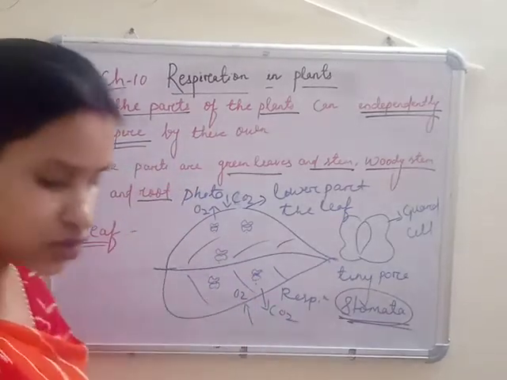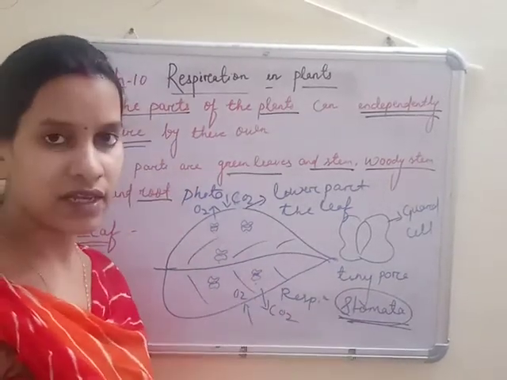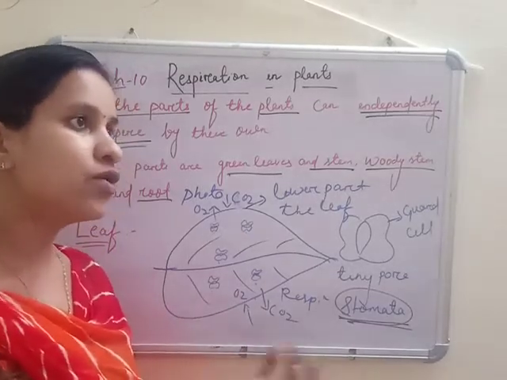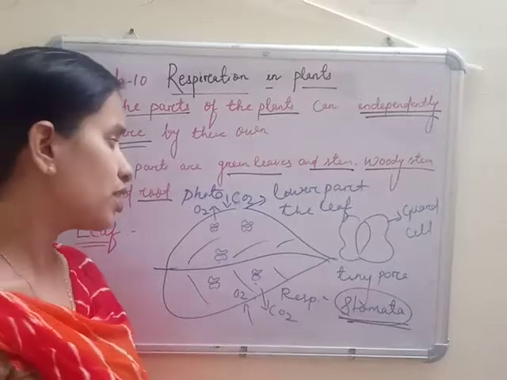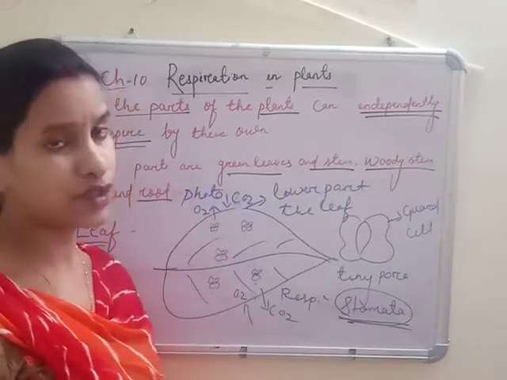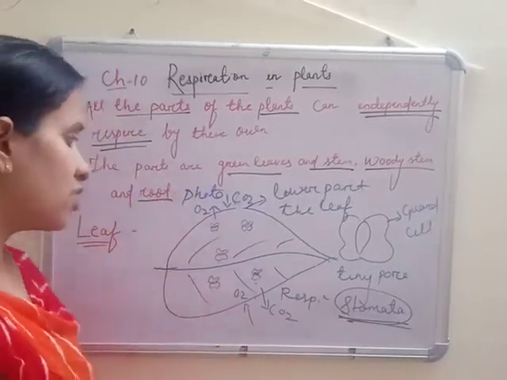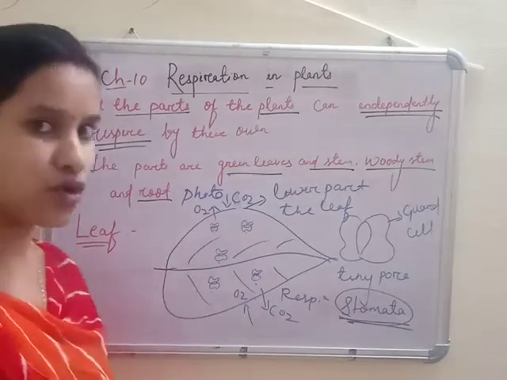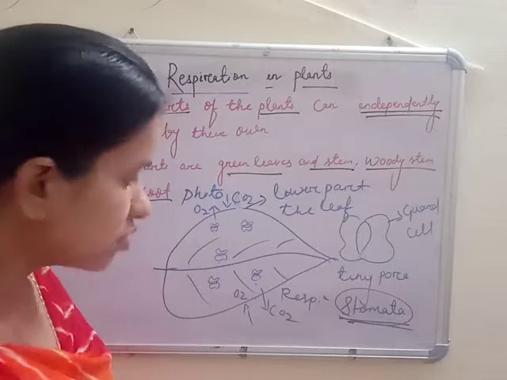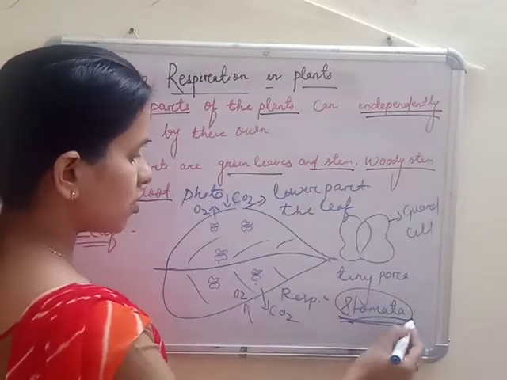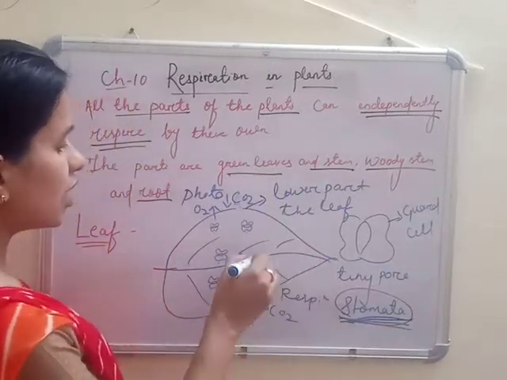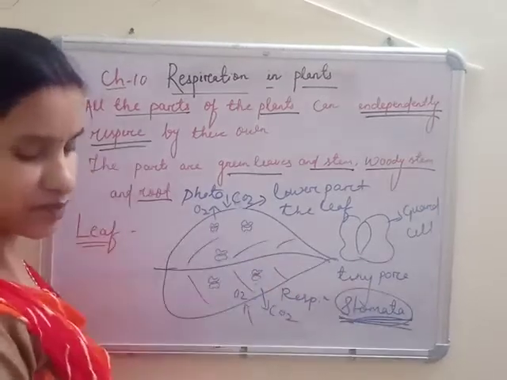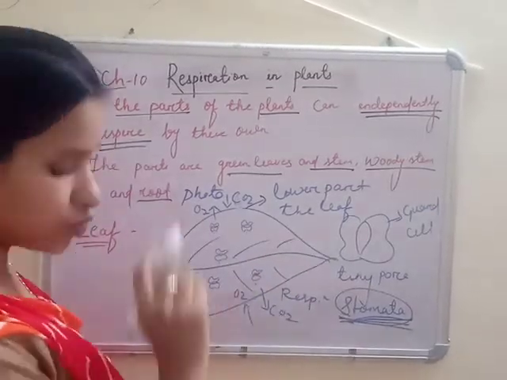These two processes happen simultaneously in the daytime, and at night the plant only respires. It does not do any photosynthesis because light is not there. So this is how the green part of the plant respires through the stomata. The leaf stomata allow the respiration process and photosynthesis. Next, move to the woody stem.